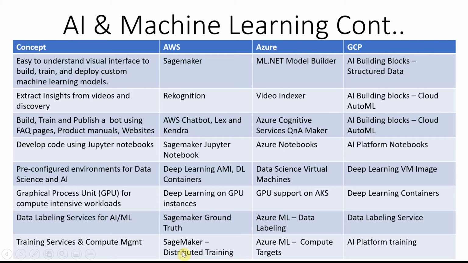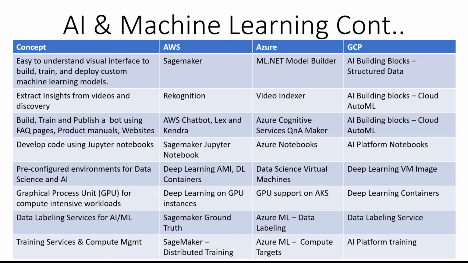AWS SageMaker distributed training. It is distributed because the computers you use are common EC2 nodes, and different EC2 nodes come together to do your job. You'll face a lot of issues when dealing with distributed nodes, since any node can go down.